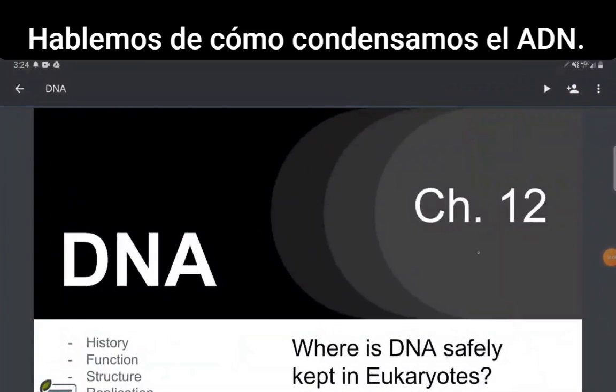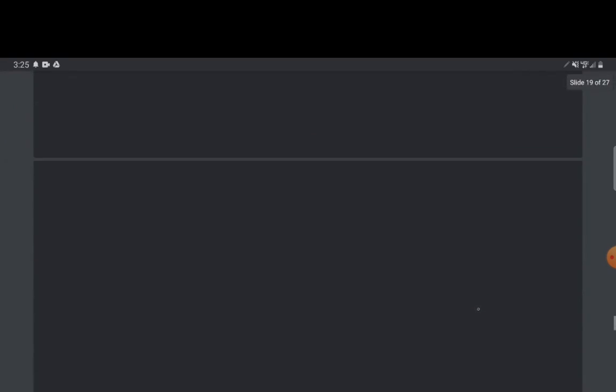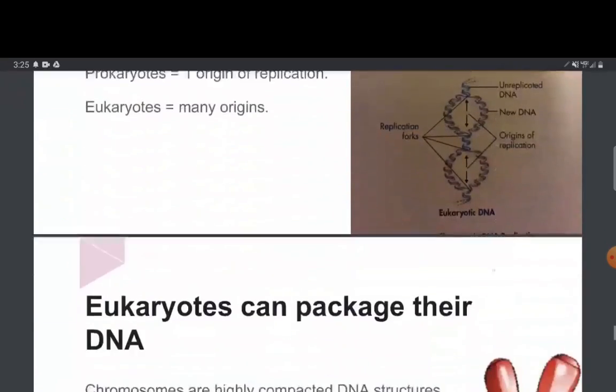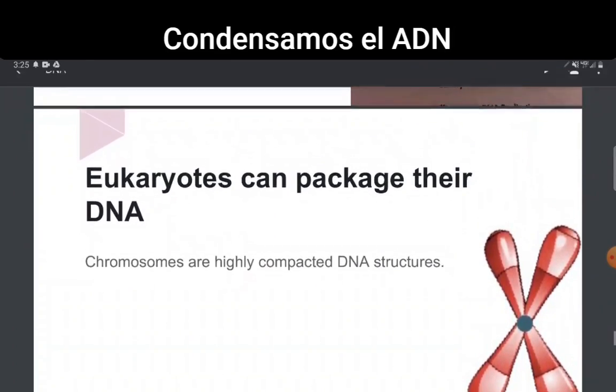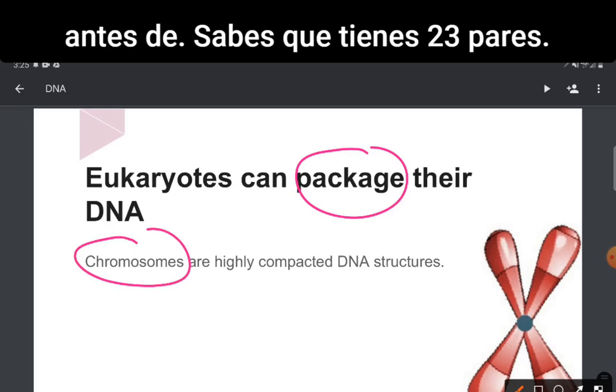Let's talk about how we condense DNA. We condense DNA into packages called chromosomes, and you've seen chromosomes before.